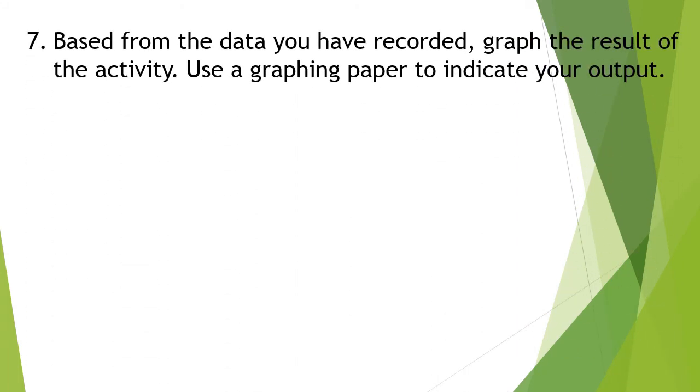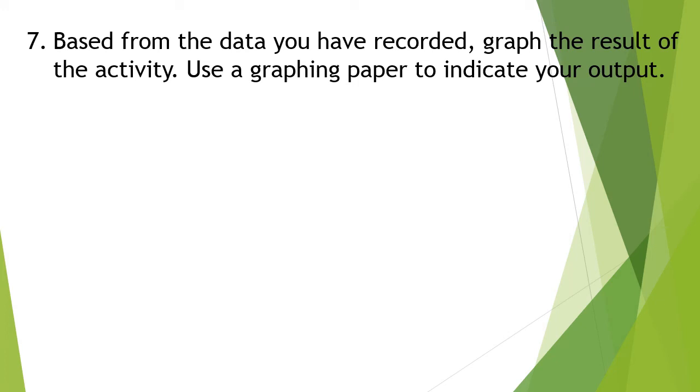Okay, so the activity is becoming challenging as the learners come to graph the data that they have recorded in the past activity. That is why in the learning activity sheet that I have prepared, as you can see, if you already have the copy, I pasted a graphing paper for this activity.